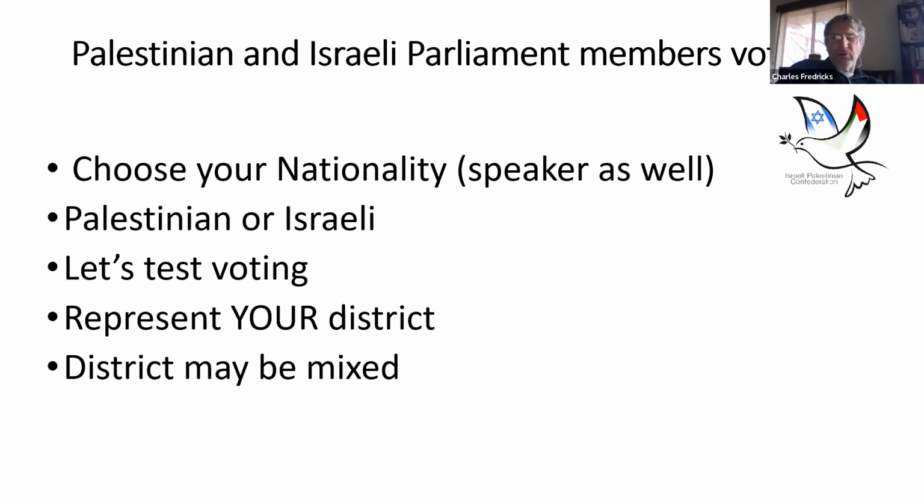So Joseph, did you explain that people need to choose whether they're going to represent a Palestinian or an Israeli district primarily? Okay, so right now we have 20 Palestinian parliament members.